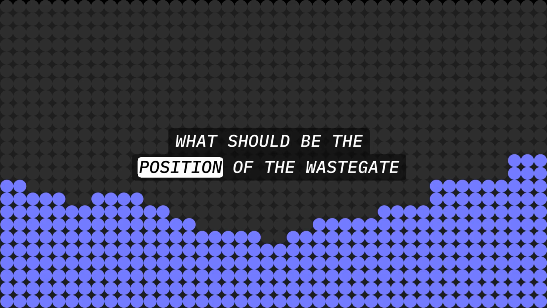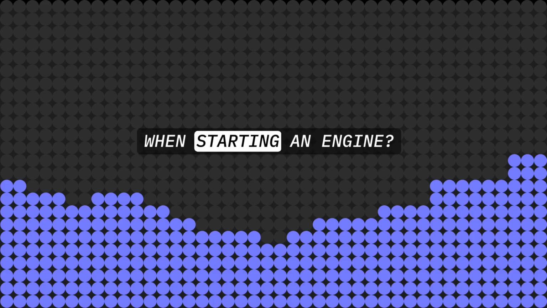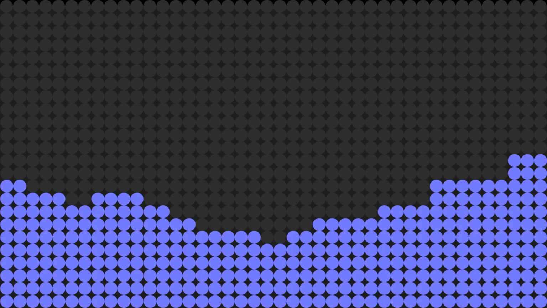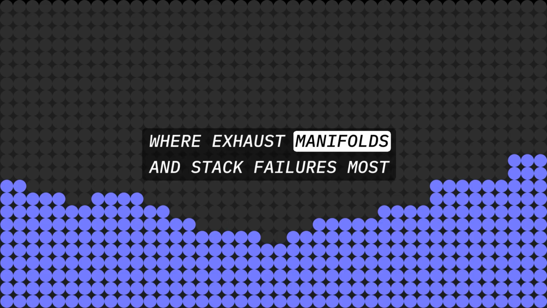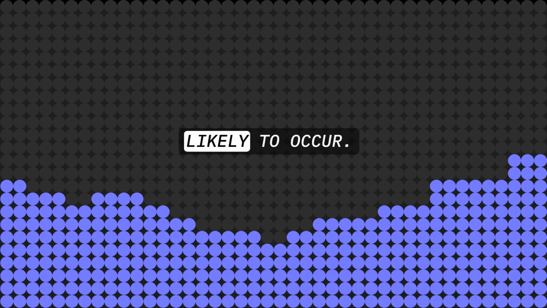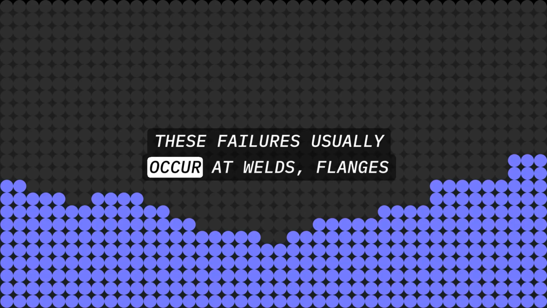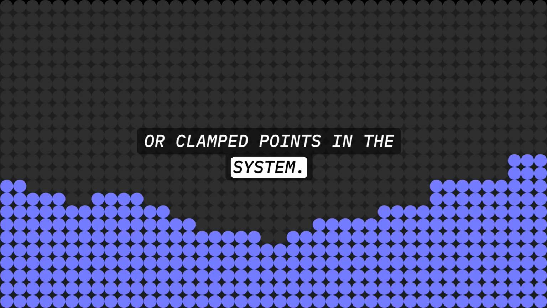What should be the position of the wastegate when starting an engine? Fully open. Where are exhaust manifolds and stack failures most likely to occur? These failures usually occur at welds, flanges, or clamped points in the system.